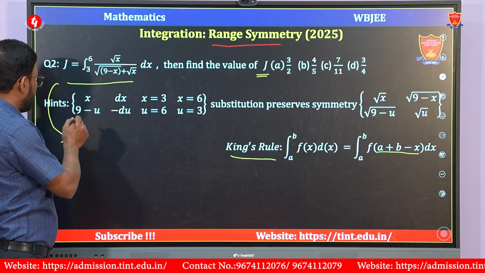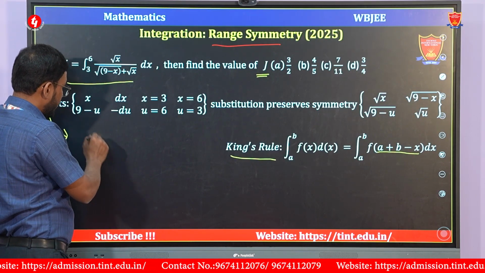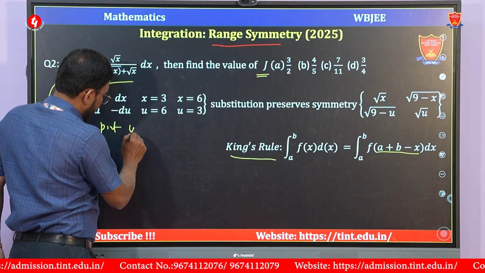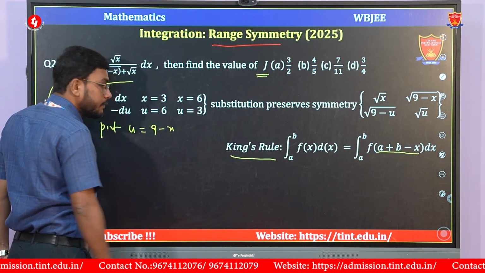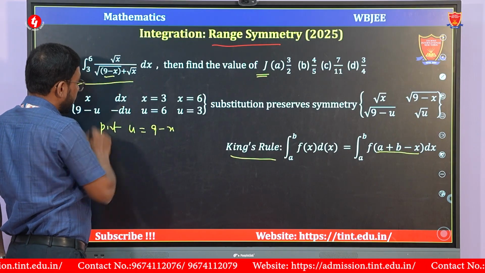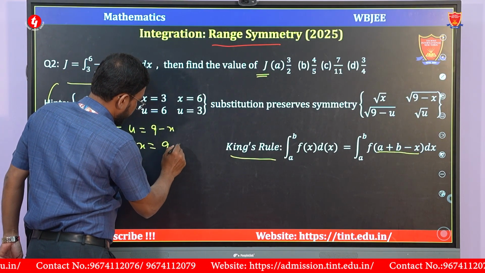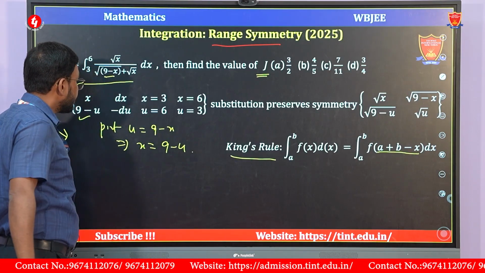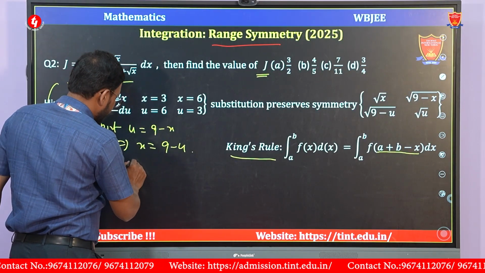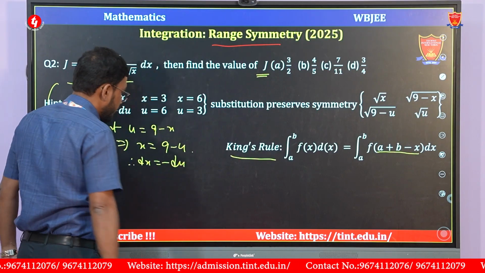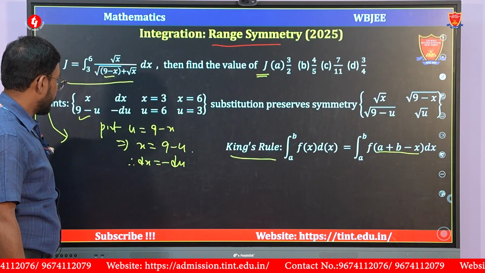Now, very simple way you can solve it. Put u is 9 minus x. So from here x means 9 minus u. So, when x is this, what is dx? Dx is minus du. Clear?